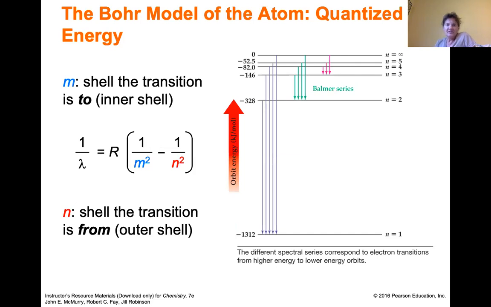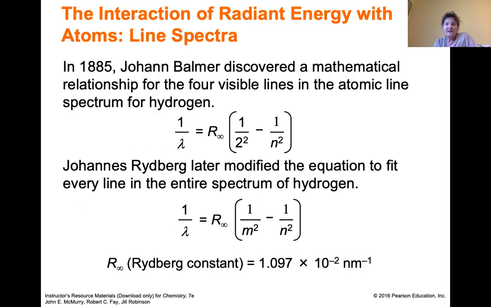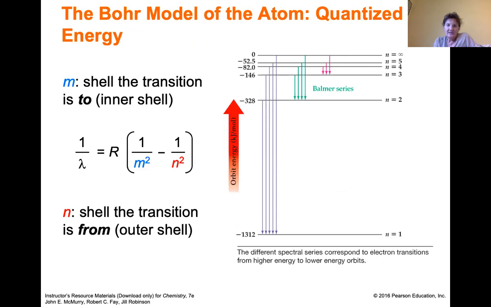So m is the shell the transition is going to, the inner shell, and n is the shell that the electron started in. And so when you do the calculation, the inner shell is m, so I guess the equation's here, I don't have to go back.